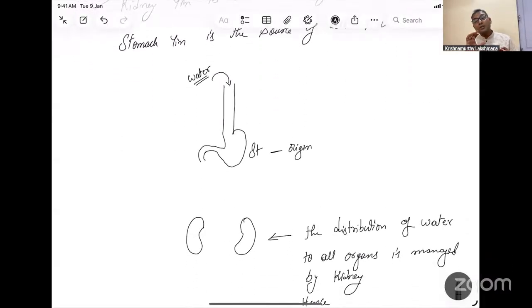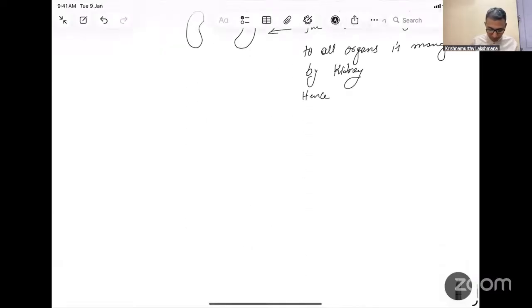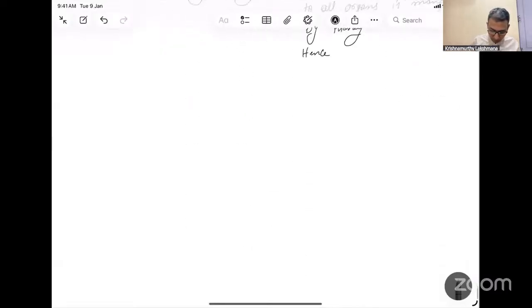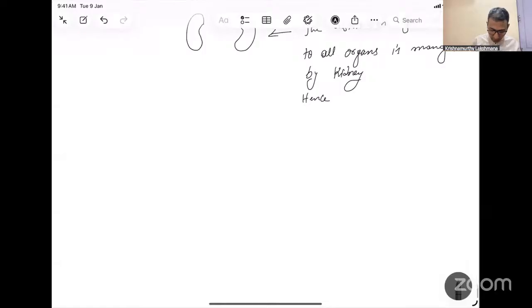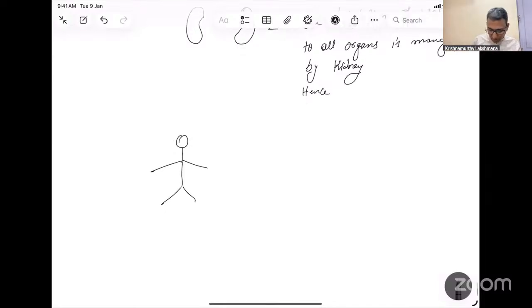And how do we know if the yang is reduced? So we have the heart yang, kidney yang, spleen yang.